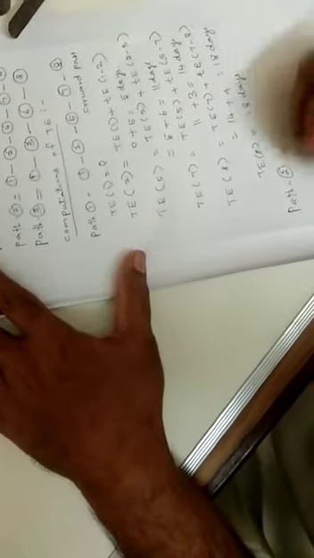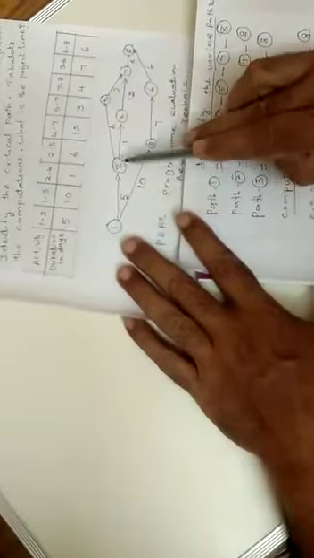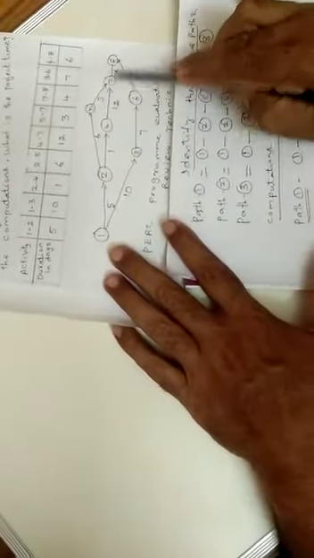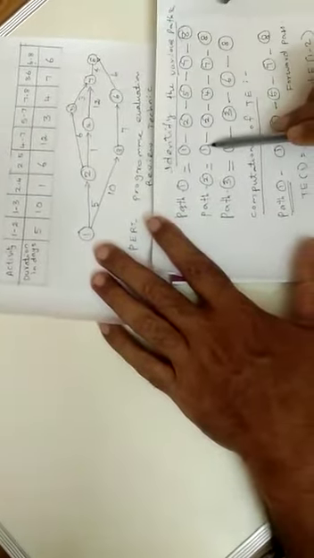Path 2 is 1, 2, 4, 7, 8. You write it here: 1, 2, 4, 7, 8. Here TE1 is equal to 0.